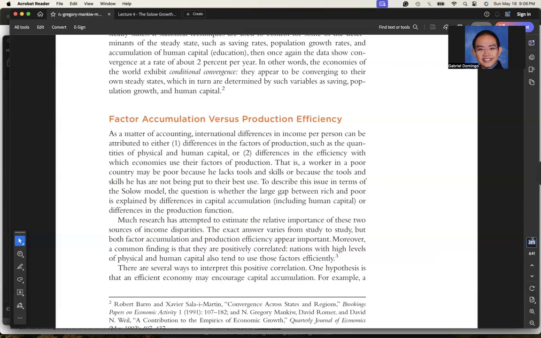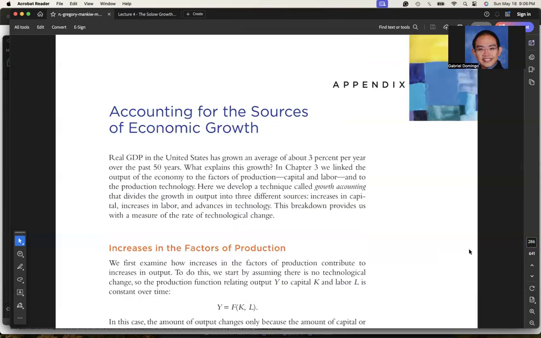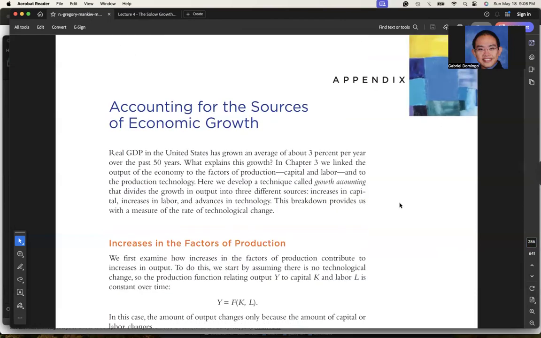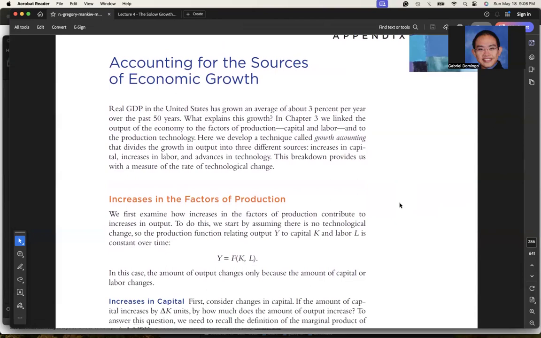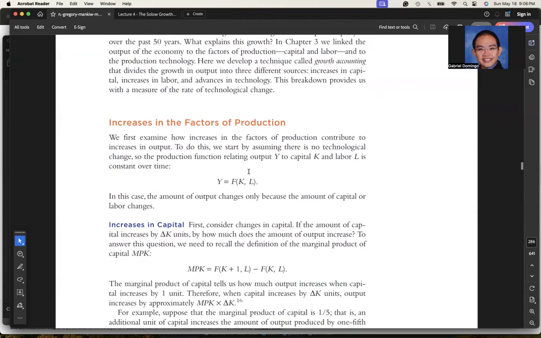And in the textbook, at the end of this chapter, chapter 8, there is this growth accounting section. So now let's talk about it. It will be much clearer what we are talking about when it comes to factor accumulation versus efficiency, to help you account for the sources of growth. So first, you have your production function here, which is a function of K and L.